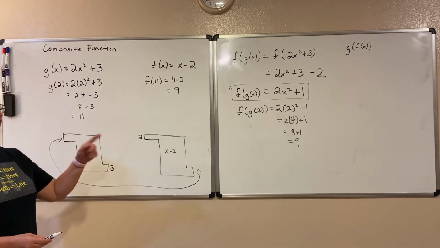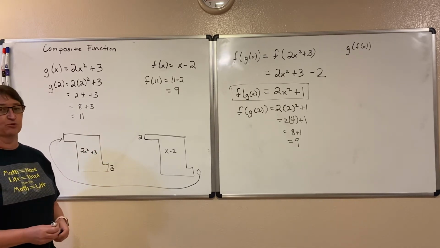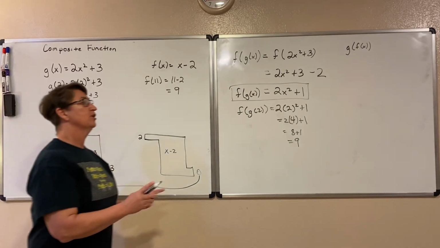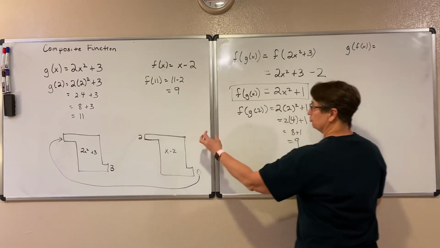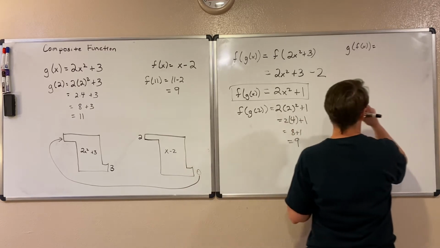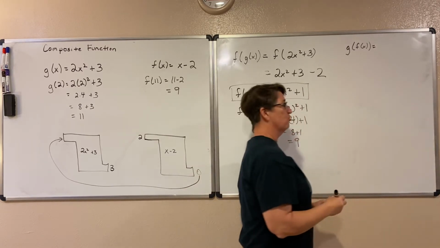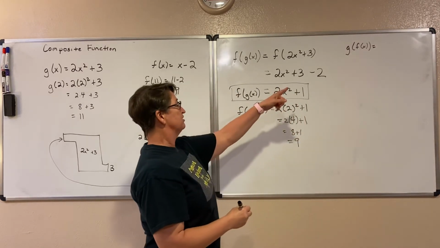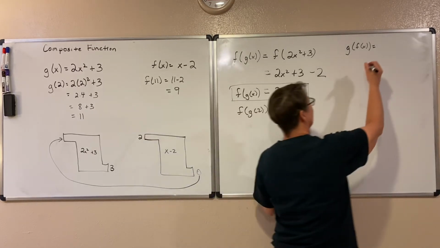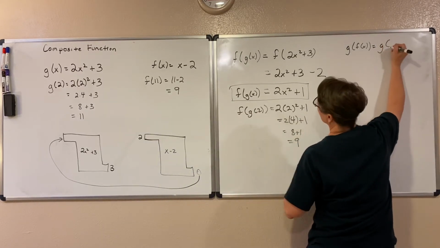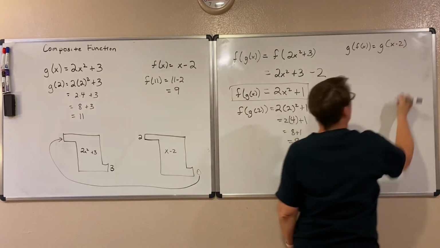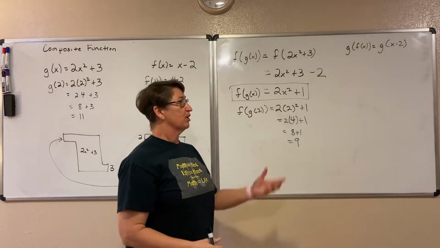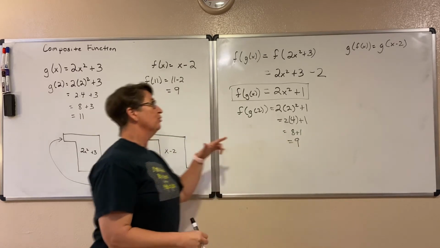So these two things are not the same. They're two different machines. So I'm going to find this g of f of x that does the work of both of those things. And I'm going to start by replacing that f of x with x minus 2. And that just lets me know that I'm now going to put that x minus 2 in.